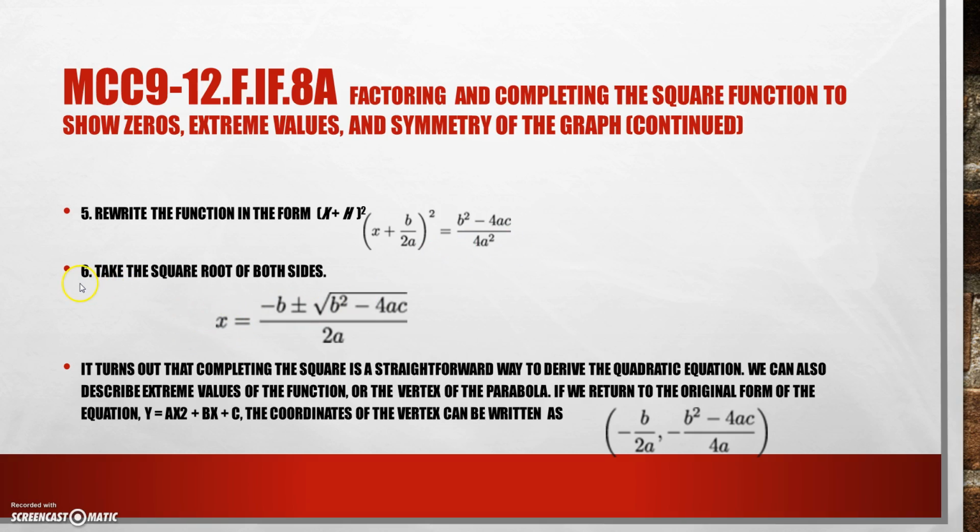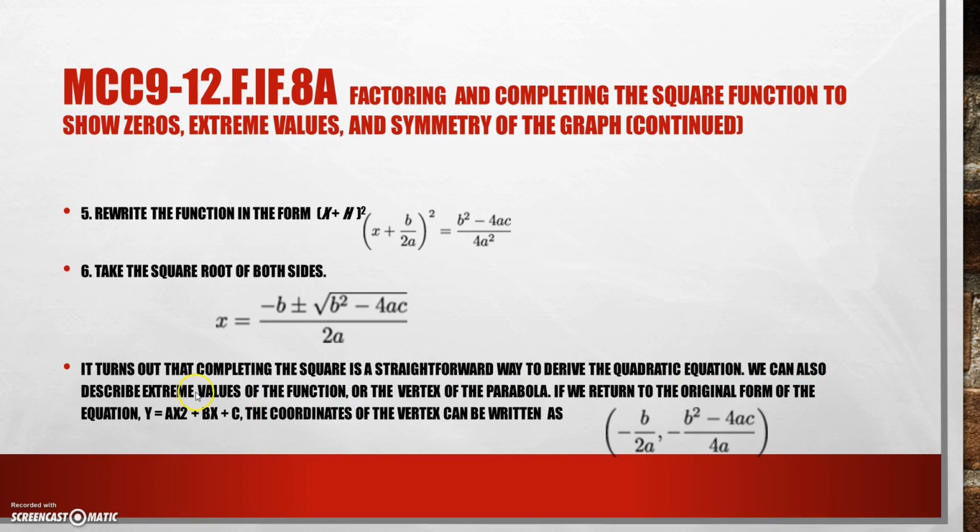And then step 6, take the square root of both sides. So x equals negative b plus or minus the square root of b squared minus 4ac, over 2a. It turns out that completing the square is a straightforward way to derive the quadratic formula.